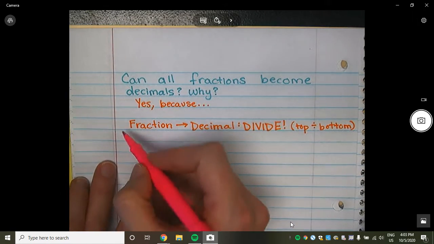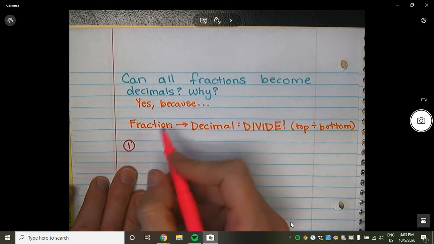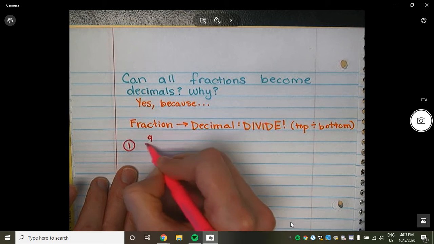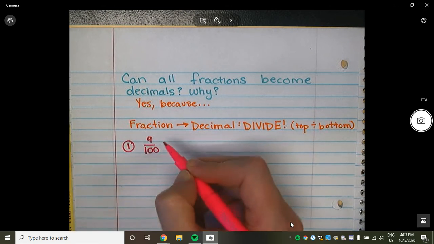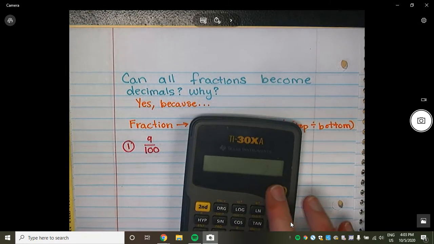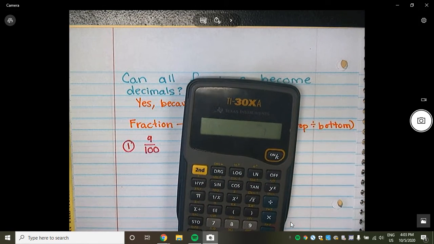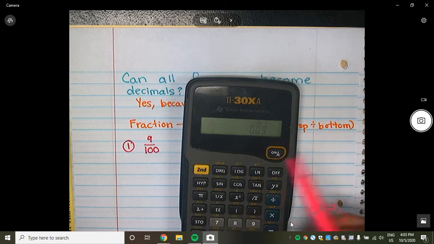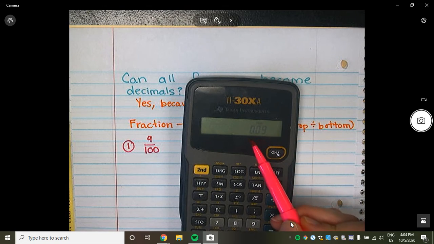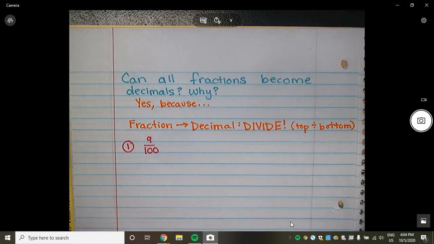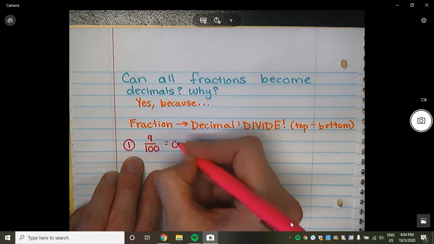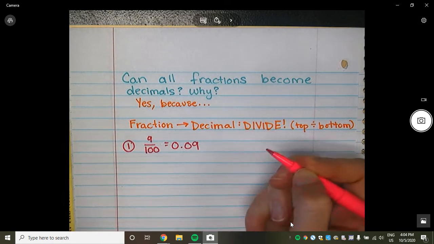So example number 1 is 9 100ths. If I take my calculator, divide the top by the bottom, 9 divided by 100 is 0.09. So we're simply going to write 0.09.